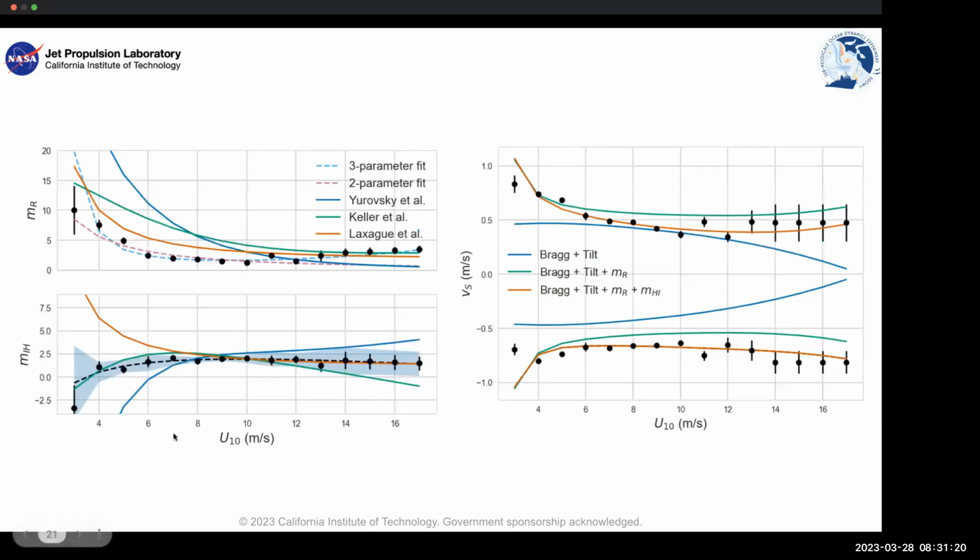So what we see here is a function of wind speed, the real and imaginary part of that modulation transfer function. The black dots are our data. The historical data are data from various other observations. And you can see that it's not completely inconsistent. You can use that to apportion how much of this radial velocity is due to Bragg, to a tilt component, and to a geophysical model function, to a tilt and hydrodynamic modulation.